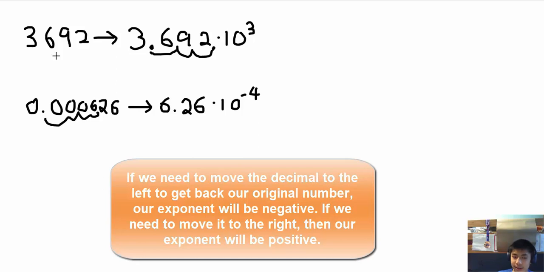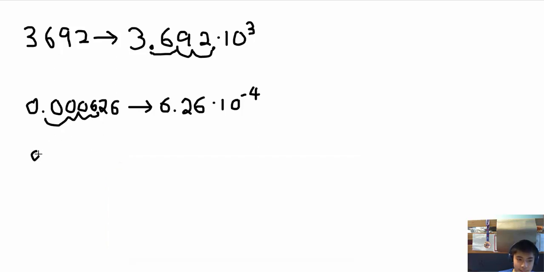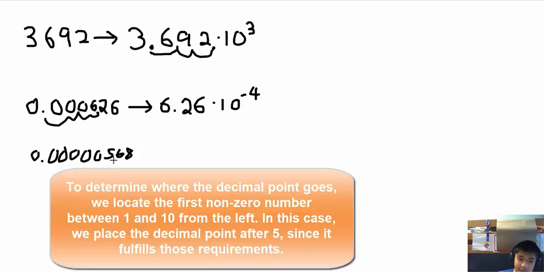Now, here's where the first non-zero number part comes in. If we have a decimal like, for example, 0.000000568, how do we know where to put the decimal then? We put it after the first non-zero number between 1 and 10. So in this decimal, the first non-zero number from the left is 5.